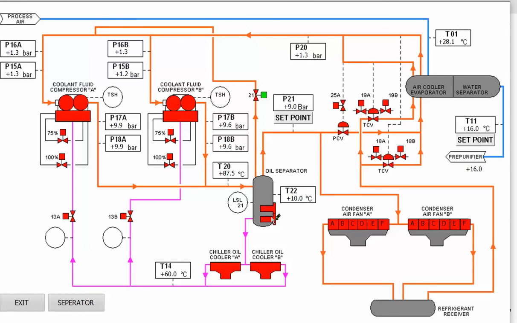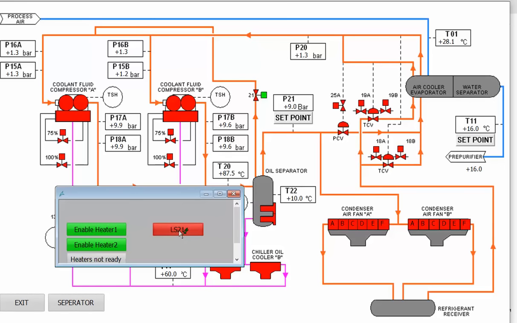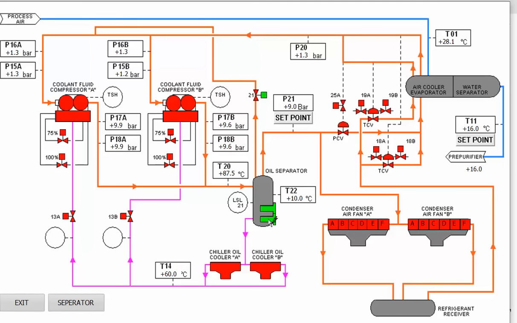in order to have the heaters, we need to ensure that the amount of oil is enough in this oil separator. If the oil is not enough, the heaters, these two, heater 1 and heater 2, will not operate.